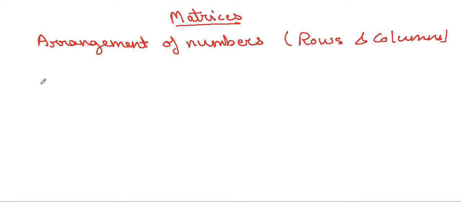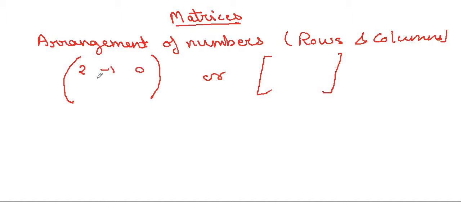A matrix is always represented in round or square brackets, remember this. So if I write the numbers as 2, -1, 0, then 3, 7, 4, with spaces and no commas in between, this arrangement is known as a matrix, right?